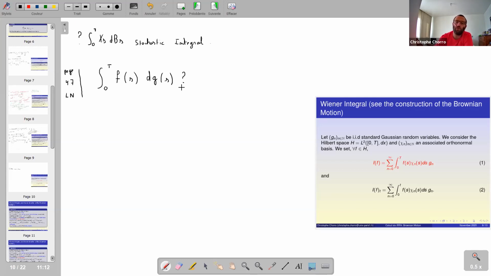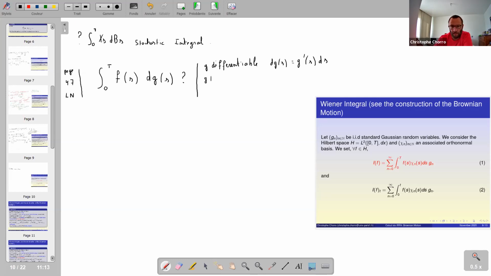There are nice situations where it is possible to give sense to this in classical analysis, f and g being mappings. If g is differentiable, no problem to define such an object, because what we call the integral of f dg will just be the integral of f g prime ds.